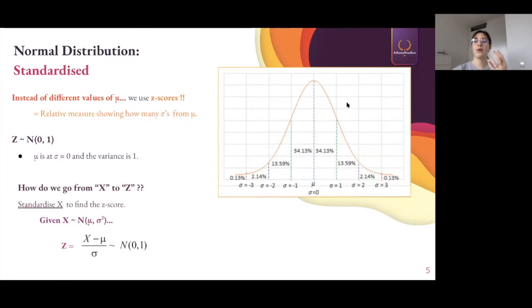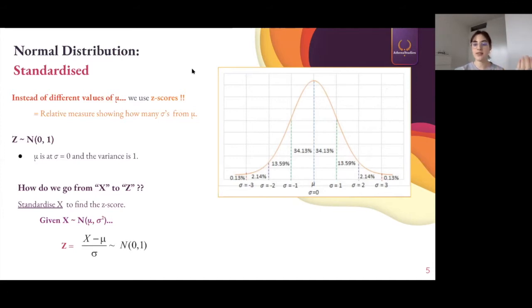And now we need to look at how we actually standardize this normal distribution that we just talked about into the one with z-scores like you see here. So in order to turn x into z, we have this formula. And this formula is also in your formula sheet. It will always stay there. Don't worry, you don't have to memorize it. But this is what z would equal.